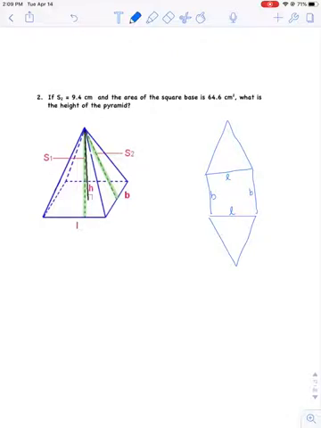Those two should be the same. And both of these have one of the slant heights. That's S1. Because you could see in the picture that that lines up with the side with the L on the base. And then I have these two triangles coming off.